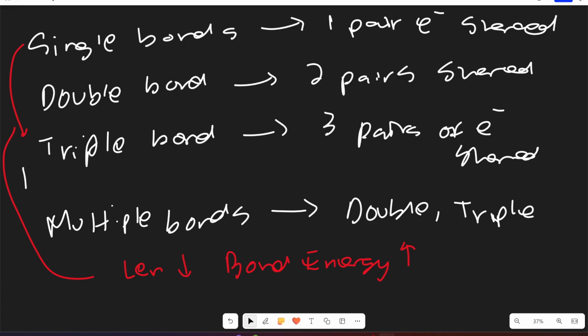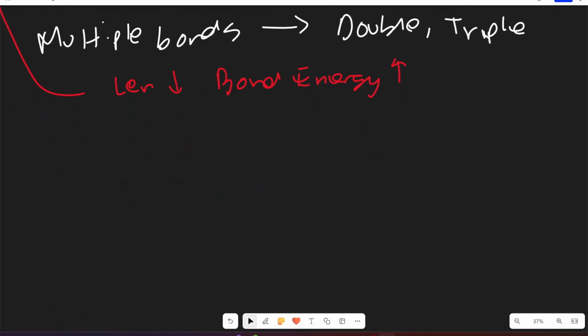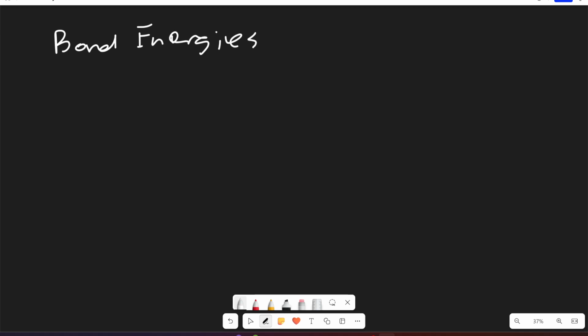Also, because there are many more electrons being attracted to the protons of the other atom, they'll be pulled in more, resulting in a tighter or shorter bond.